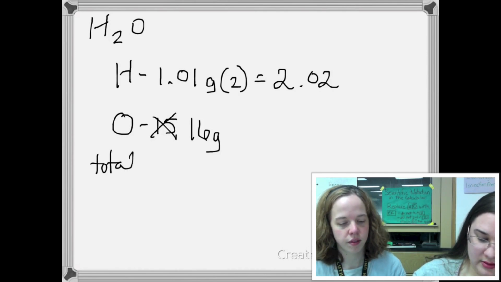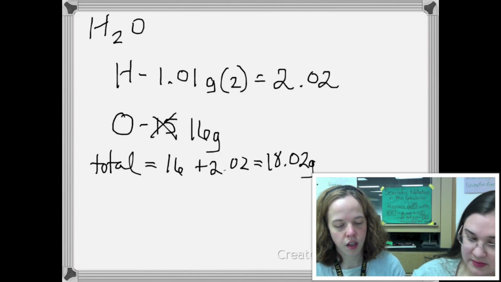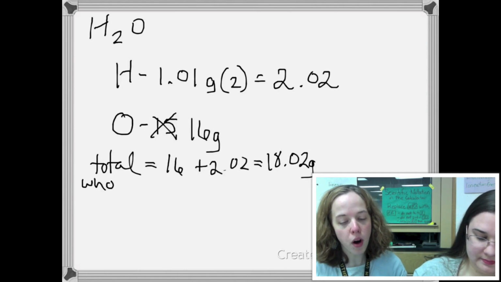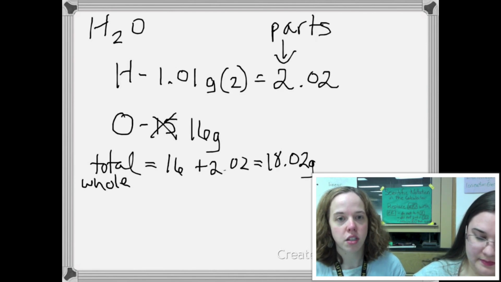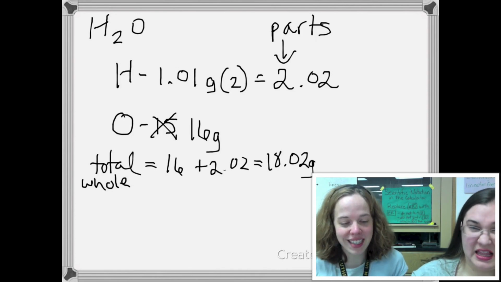We're going to add them together: 16 plus 2.02 will give us 18.02 grams total. So that's our whole, and then our parts are our individual elements. This is where it's really nice if you do your molar mass the long way and find each element, because then you've already got your parts and it's easier.